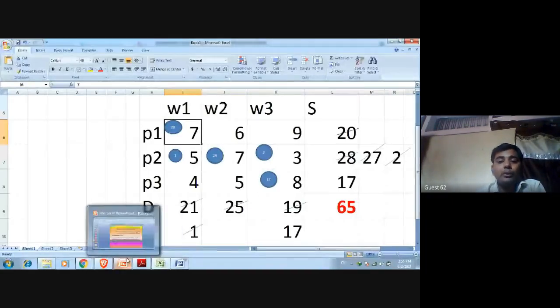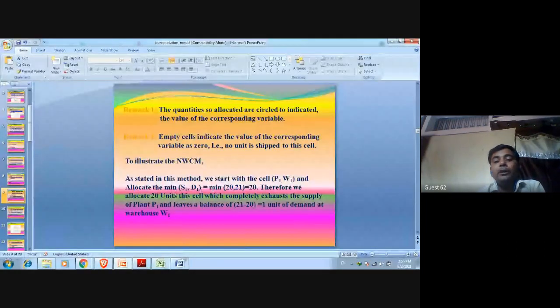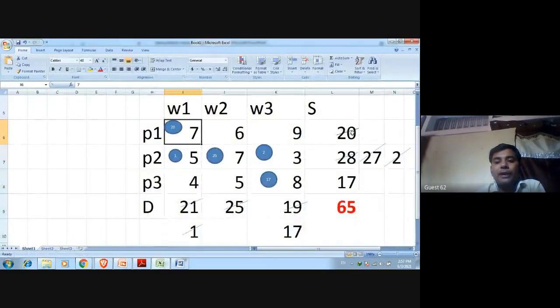Now P1 and W1, and allocate the minimum of S1, D1, that is minimum of 20 and 21. Between the 20 and 21, 20 was minimum. Therefore, we allocate 20 units to this cell, which completely exhausts the supply of plant P1 and leaves a balance of 21 minus 20, that is 1 unit of demand at warehouse W1. That is written here. देखिए यहाँ पर ये पूरी एग्जॉस्ट हो गई और ये 21 माइनस 20 दैट इज 1. ये मैंने यहाँ पर इसको ये लिख दिया था. ओके.